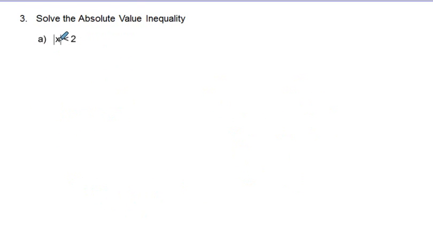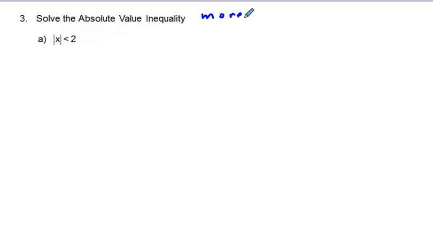And now the last type of thing we're going to look at here is absolute value inequalities. For absolute value inequalities, you're going to either have absolute value being less than or greater than. And I have a little mnemonic device that helps us remember what's going on, and it's this.